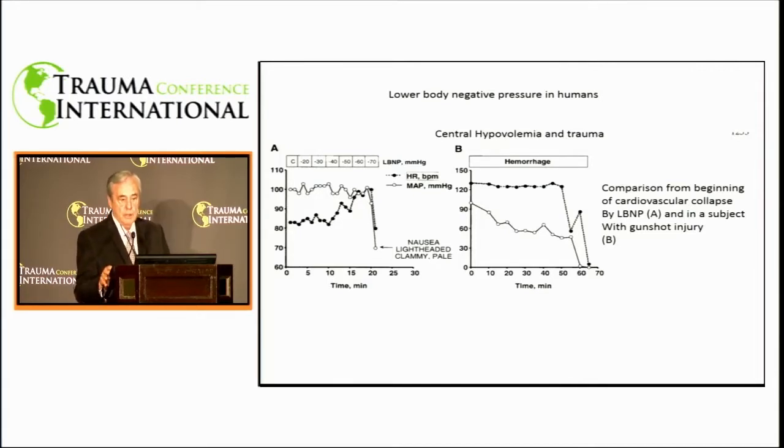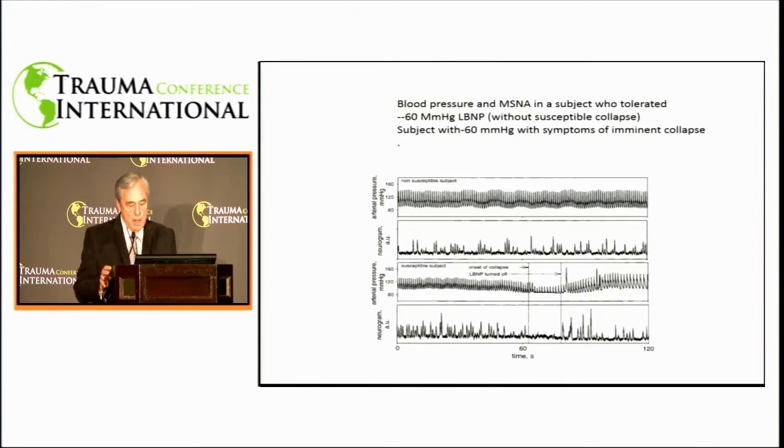So it is possible to simulate through these studies what we sometimes see. And you can see the neural response here when the intravascular volume drops, whether due to blood loss or because it was simulated in this extraordinary system.